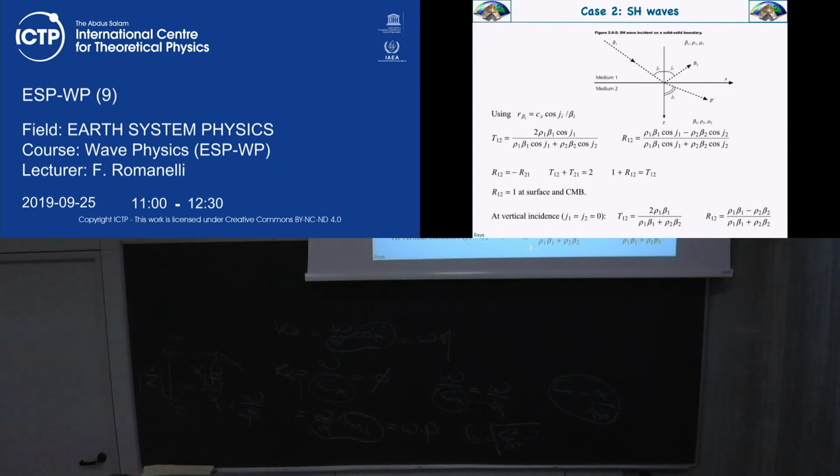Now, look here. These are the impedance contrasts that we studied at the time of the string. So you see, in normal incidence, everything is behaving like a string with two personalities, alpha and beta.